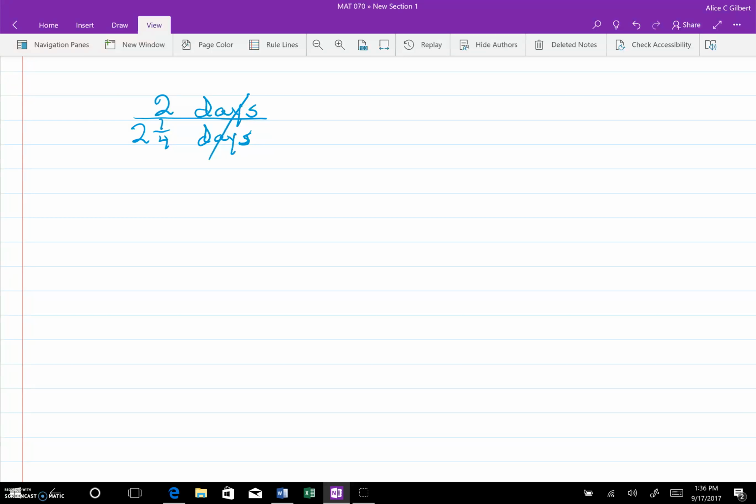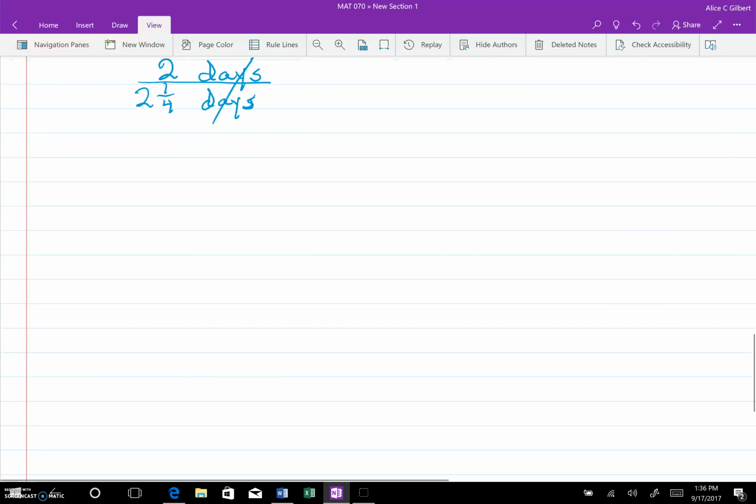In order to reduce this, okay, I have to change my mixed number into an improper fraction. So this is going to be 2 over 2 times 4, the whole number times the denominator. That's 2 times 4 is 8, plus the numerator is 1, so 9/4. Now, this is a fraction over a fraction. So copy, dot, flip.